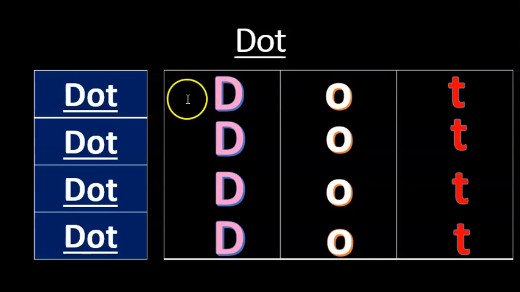Now, let's do it again together. Ready? Repeat after me. Say the sounds with me. D, ought. Let's do it again. D, ought. Let's do it again. D, ought. Now your turn to say the sounds. When the cursor moves on that letter, you're going to make that sound. Ready?